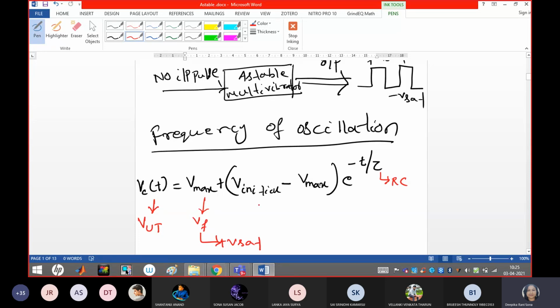Then what about the initial voltage? The Vf is approaching plus V sat, and the voltage across the capacitor is VUT, which is nothing but beta V sat. Then what can we represent for the initial voltage? Vi can be minus beta V sat.